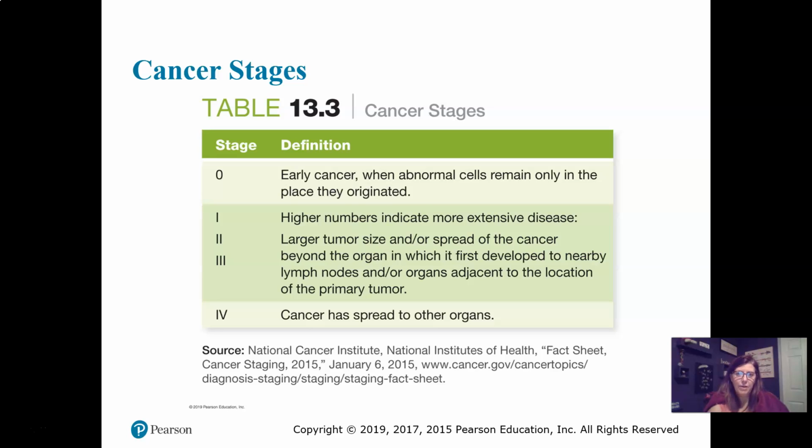Stage 1, there's a higher number of cancer cells indicating more extensive disease. In stage 2, there's a larger tumor size and or spread of the cancer beyond the organ in which it first developed to nearby lymph nodes and or organs adjacent to the location of the primary tumor. So there's a blend of 2 and 3, just depending on how much it has spread. And then there's stage 4, where cancer has spread to other organs.